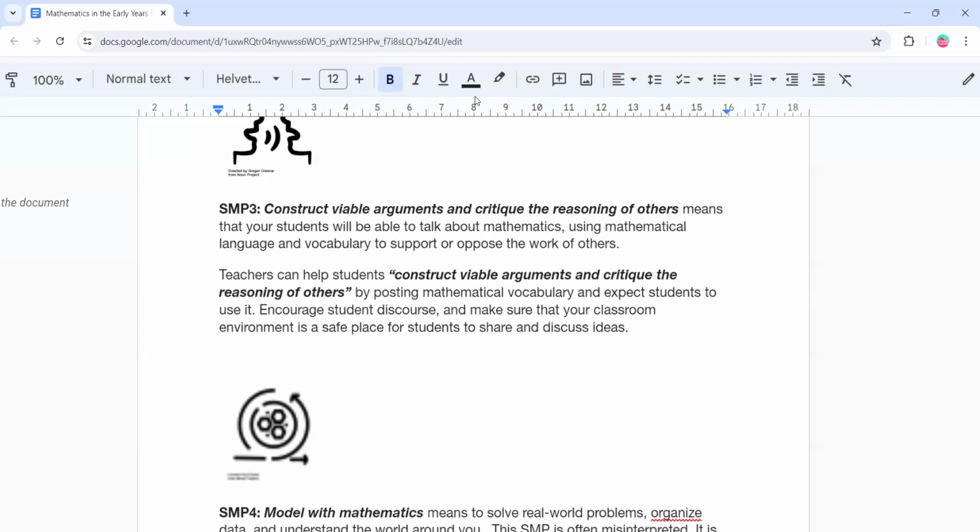Teachers can help students construct viable arguments and critique the reasoning of others by posting mathematical vocabulary and expecting students to use it. Encourage students' discourse and make sure that your classroom environment is a safe place for students to share and discuss ideas. So that is the third rule.